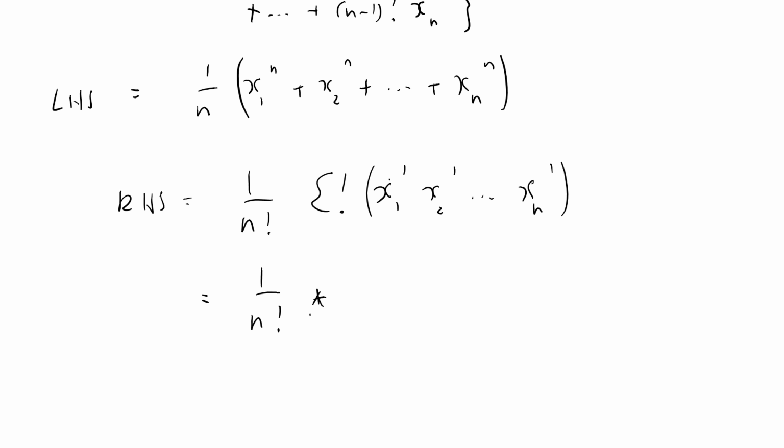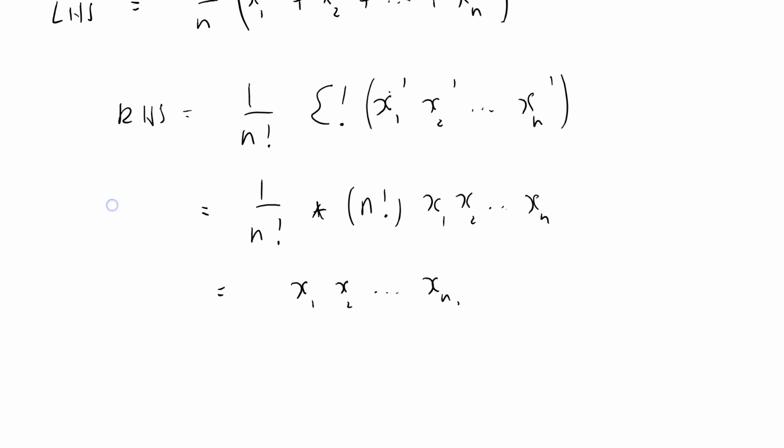So we can shuffle these guys as we like. So there's going to be n factorial terms, and they're all going to be the same. It's just x1, x2 all the way through to xn. So overall, what does it tell us?